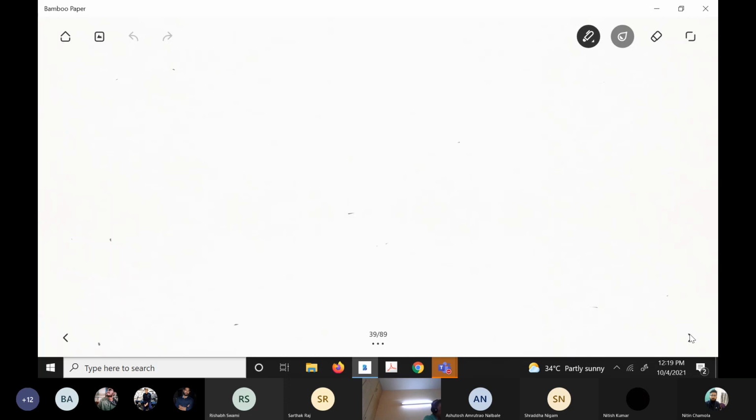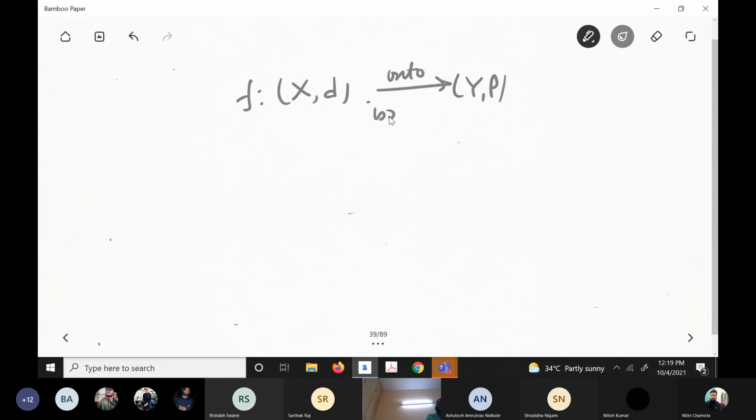Look, suppose you have an onto isometry f, and A is a non-empty subset. This is the next note that will come, but since I am talking about isometry, I can discuss a little bit.